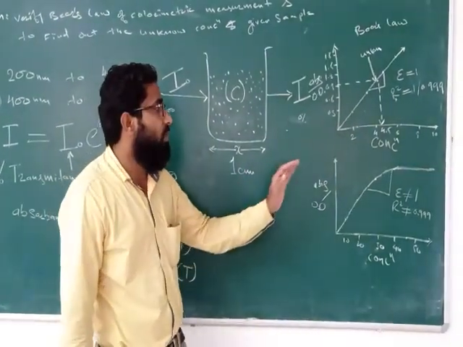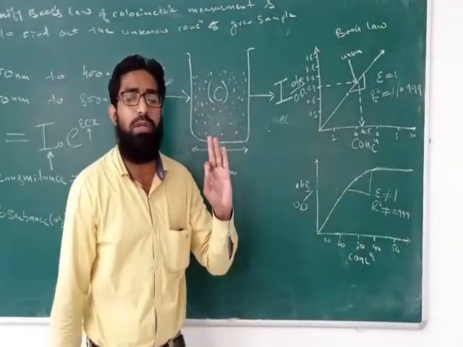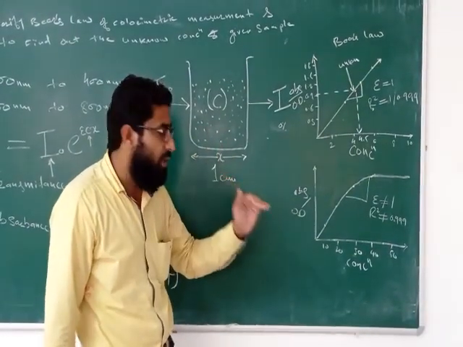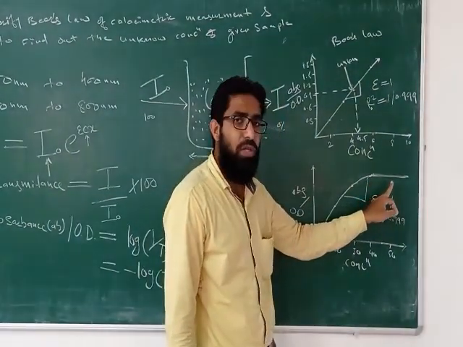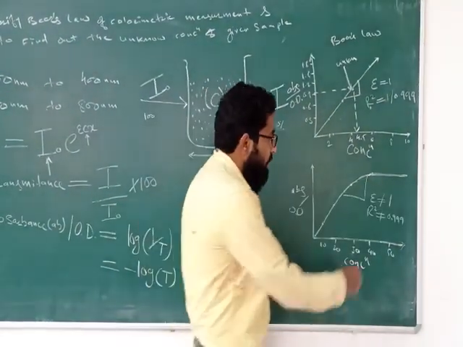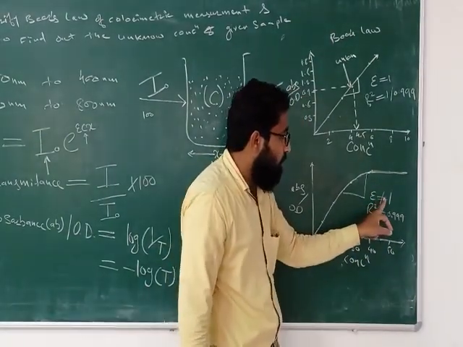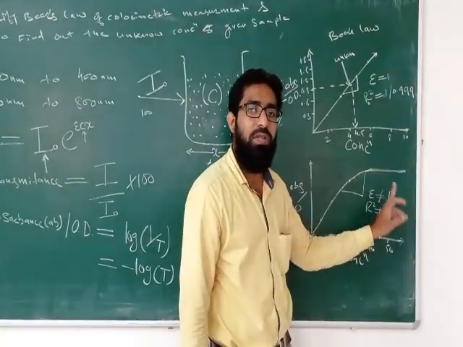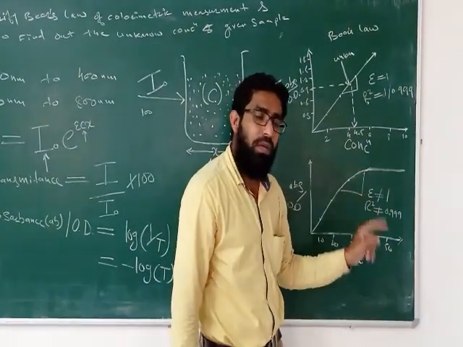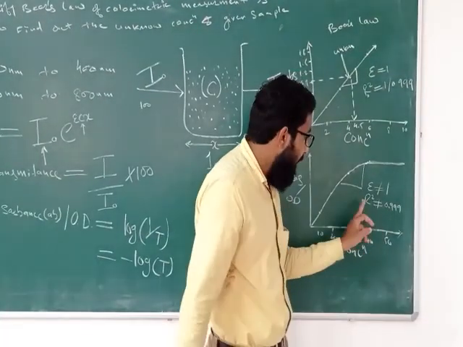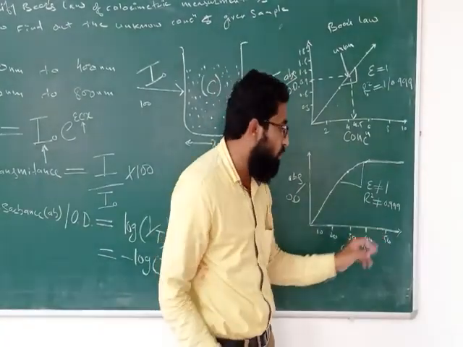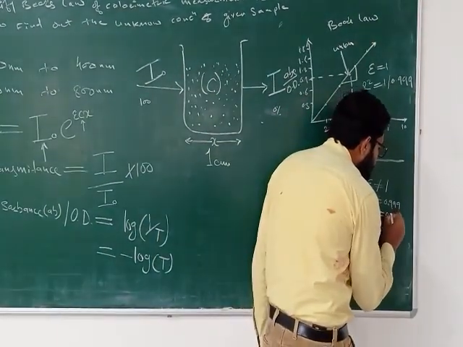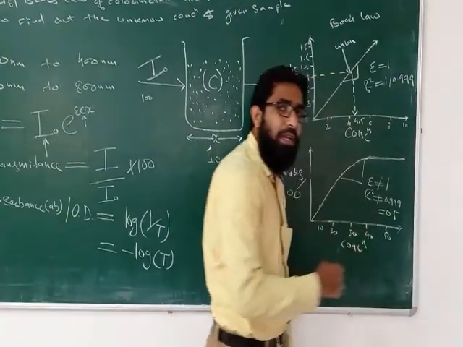Okay, it means only a dilute solution can obey Beer's law. If the concentration increases, it shows deviation from linearity. It means the molar extinction coefficient is not equal to 1. It is less than 1, and the R square value is also not equal to 1. It is like 0.5, 0.4 like this.